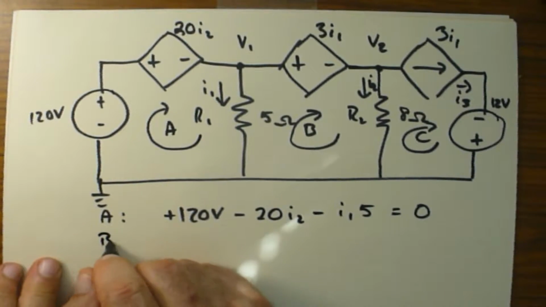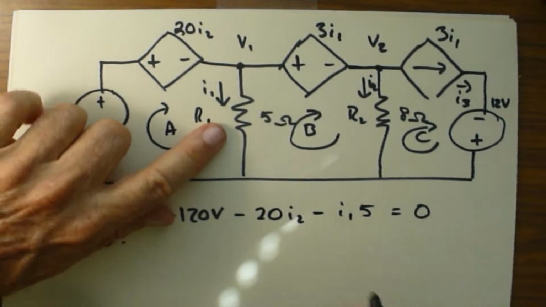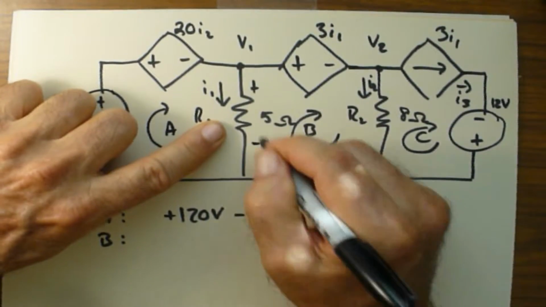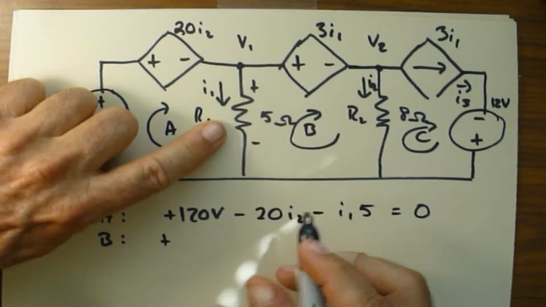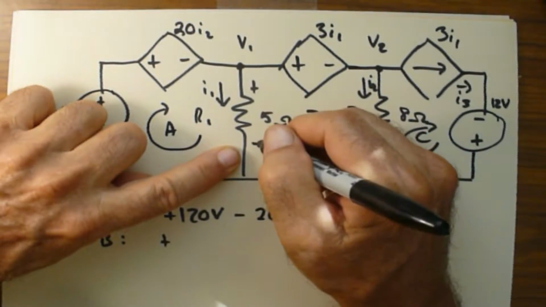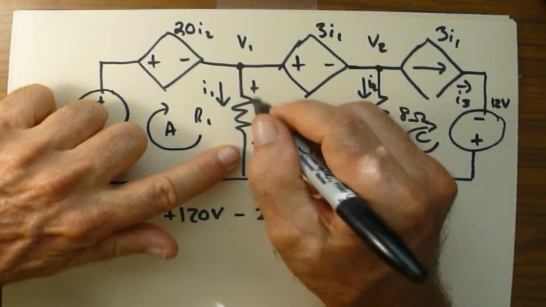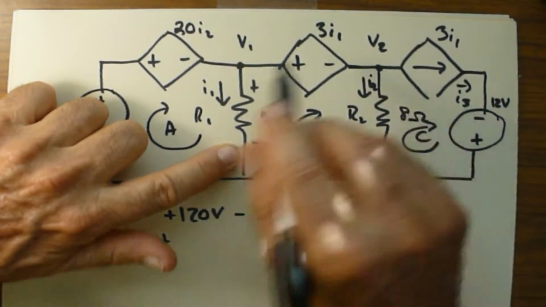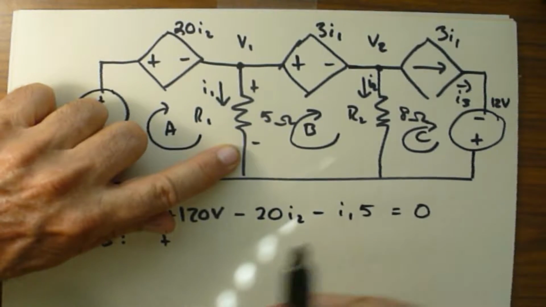Let's do loop B. We're going from minus to plus, so we're adding plus. Remember, current goes from positive to negative, but if you're going from negative voltage to positive, it's a rise in voltage. If you're going from positive to negative, it's a fall, so you subtract it.